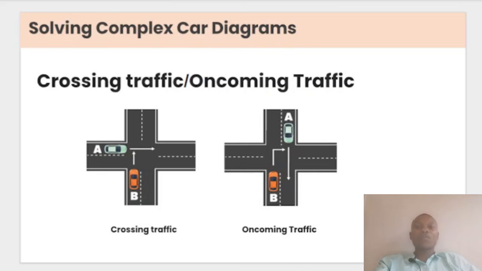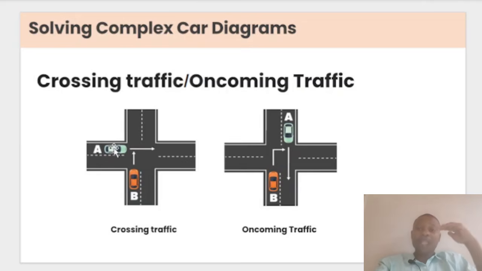This slide talks about crossing traffic and oncoming traffic. I want you to understand the difference. I was having some trouble with another student because she was applying these road rules interchangeably, as she had no clear understanding of what crossing traffic and oncoming traffic are.